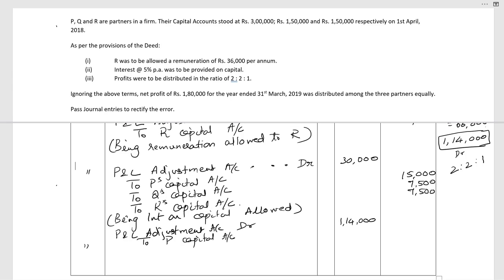I need to divide by 5 and multiply by 2. 1,14,000 divided by 5, I get 22,800. So P will get 22,800 into 2, which is 45,600, to Q capital account.